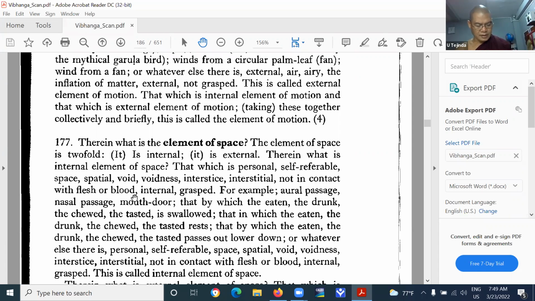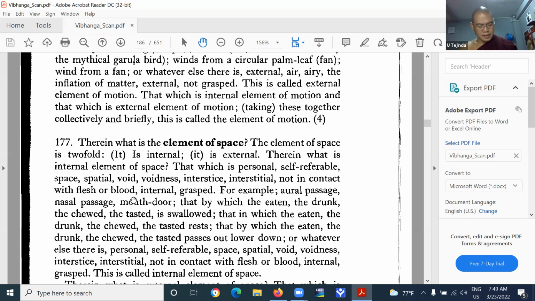Vivaragatam, asamphutthan, or here, asamphutthan mamsa lohitehi. This is internal space. Asamphutthan, not in contact with the flesh and blood.